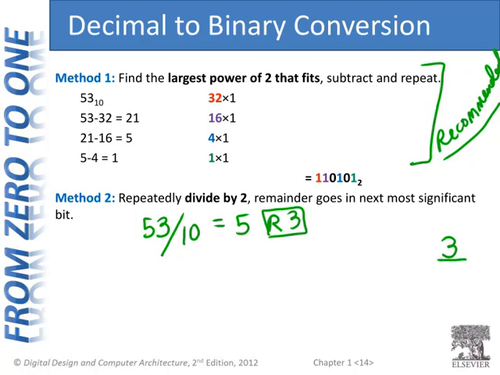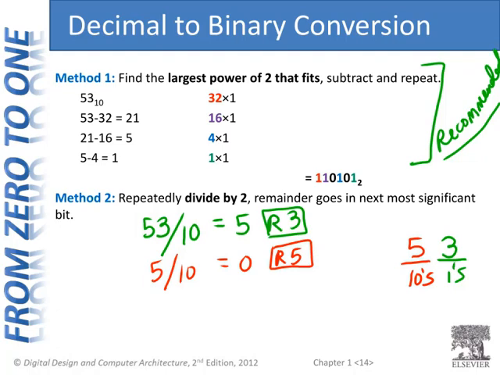Well, we're starting at the least significant bit, which is the ones column. So that 3 goes in the ones column. And then we take our 5 and divide it again by 10. And we get 0, remainder 5. And so now that's what goes in the tens column. And so it seems kind of silly because with 53, we get 53 back.